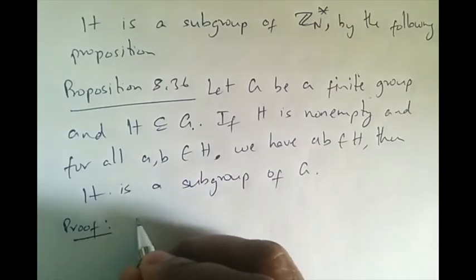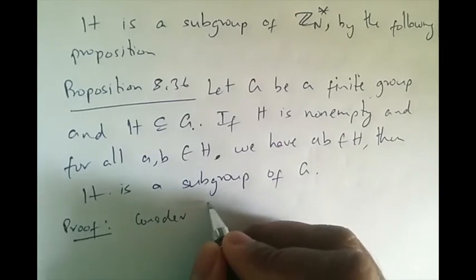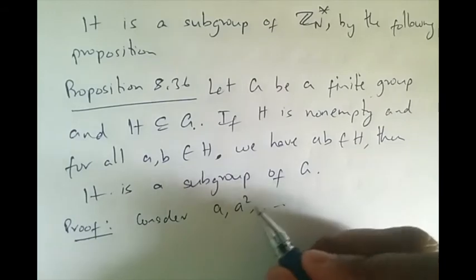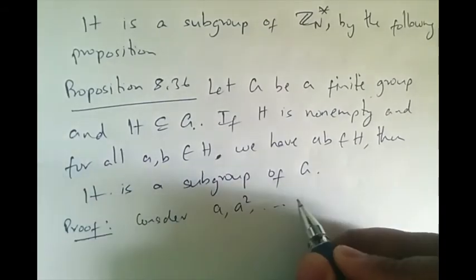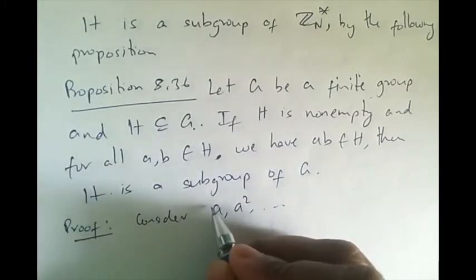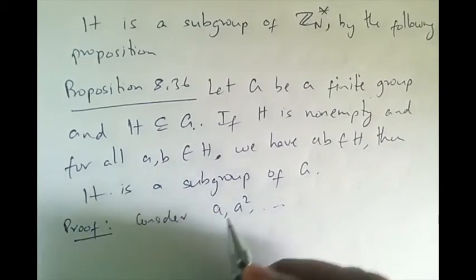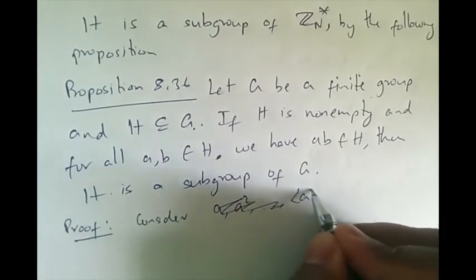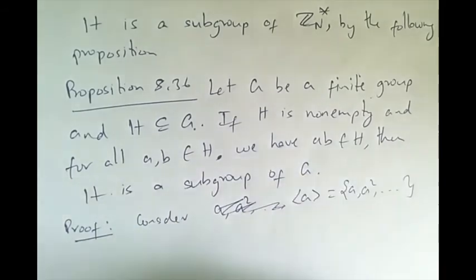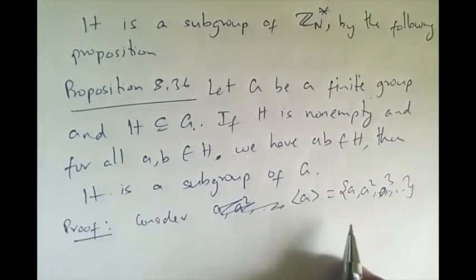So if you consider the sequence A, A square, and so on, this sequence will be completely contained in H. We had a notation for this, angle bracket A: the set generated by consecutive powers of A, A, A square, A cube, and so on.